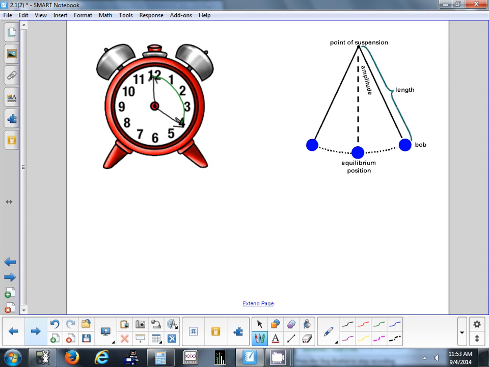Well, it'd be a circle if the pendulum went all the way around, but if it's only swinging back and forth, it makes an arc. So they'll tell you something like it's a 40 degree angle. They'll give you the length and ask you to find the arc. So they're not too hard as long as you try to think of the problem in terms of what you learned today.